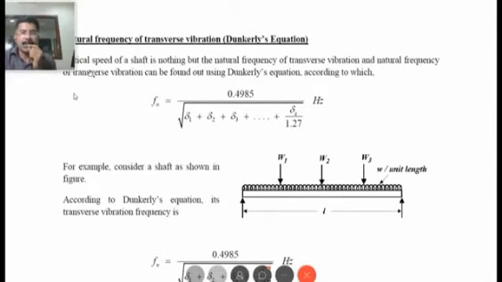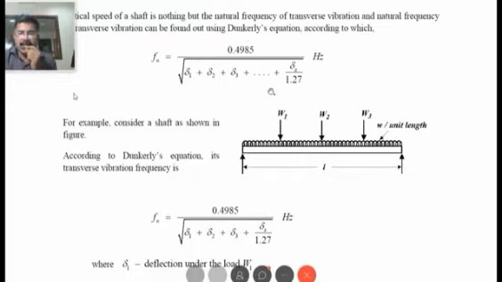According to Dunkerley's method, the critical speed of a shaft, which is nothing but the natural frequency of transverse vibration, can be found by using Dunkerley's equation, according to which Fn, the natural frequency, is equal to 0.4985 divided by the square root of delta 1 plus delta 2 plus delta 3 plus etc. plus delta S divided by 1.27. That much hertz. Now, I will explain what is this delta 1, delta 2, delta 3, etc., delta S.